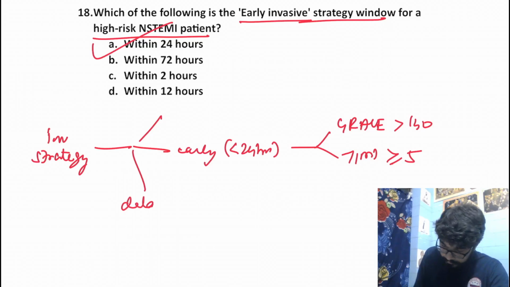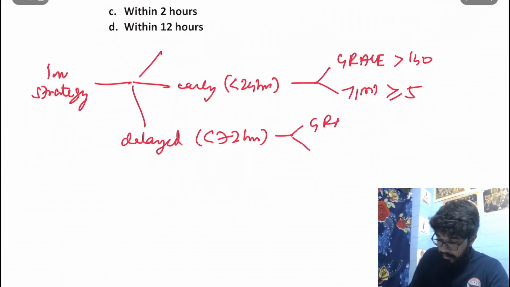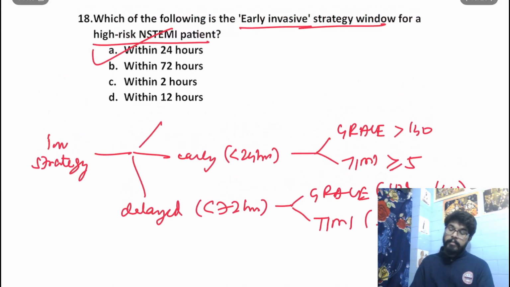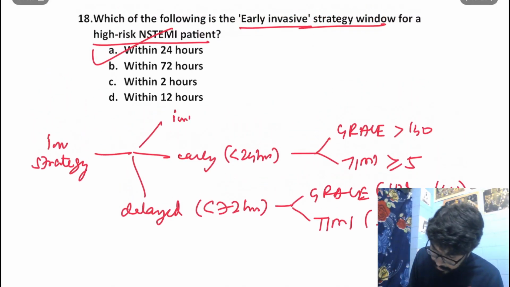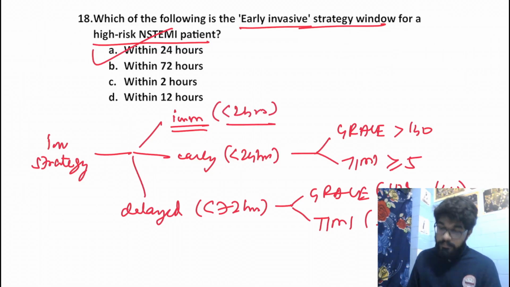And then we have a delayed version, which has to be done within 72 hours. It is done when the GRACE score is between 109 to 140, or when the TIMI score is between 3 to 4. Okay. And there is another category known as the immediate invasive strategy, which is to be done within 2 hours.